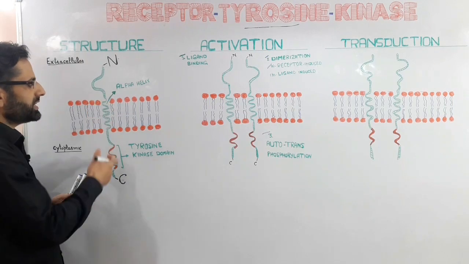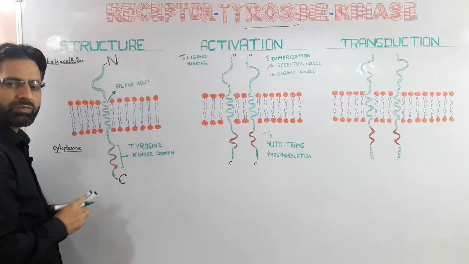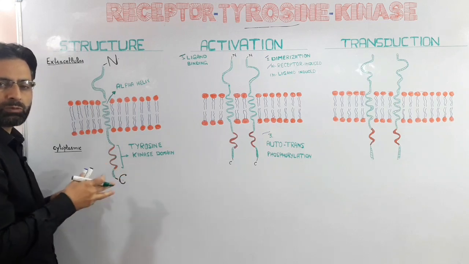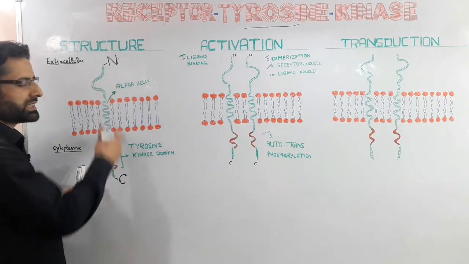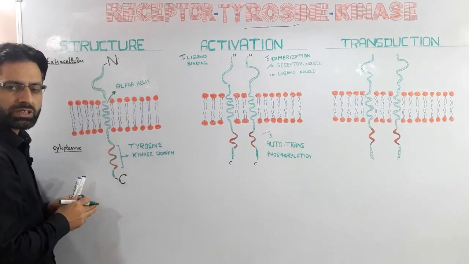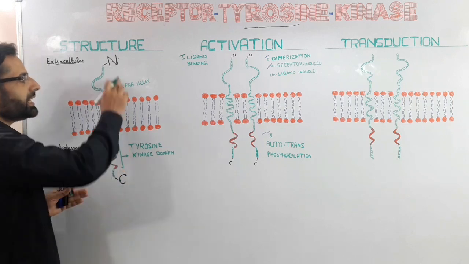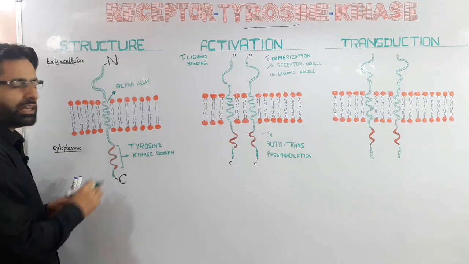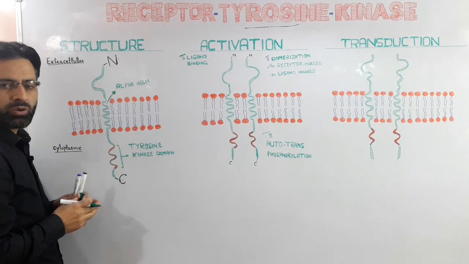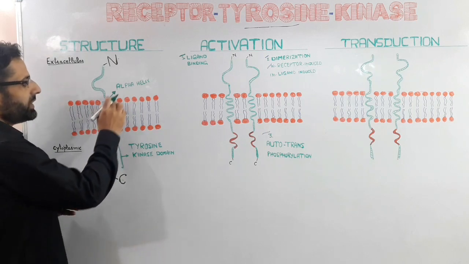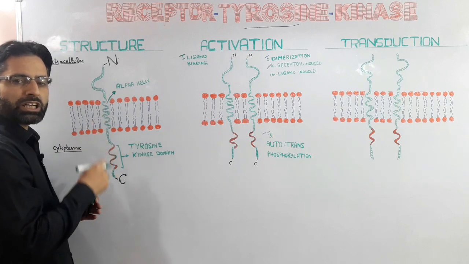This orientation is decided at the time of protein translation, which occurs at the surface of the endoplasmic reticulum. When the ribosomes get translocated to the surface of the endoplasmic reticulum, this orientation is decided at the time of protein translation. So we have the C terminal towards the cytoplasmic side and the N terminal towards the extracellular side. In between these two terminals, we have two important segments. One is the alpha helix segment, which is inserted in the plasma membrane.